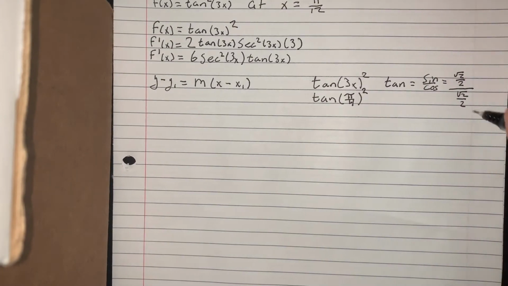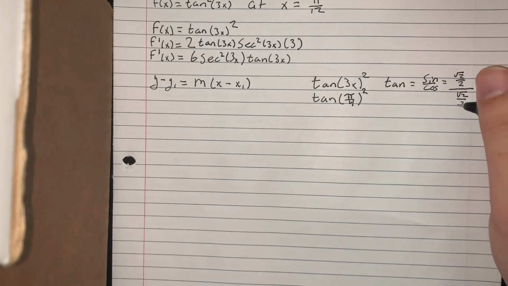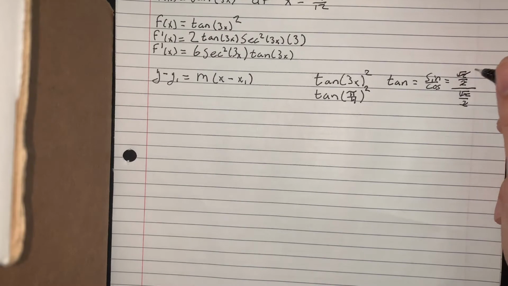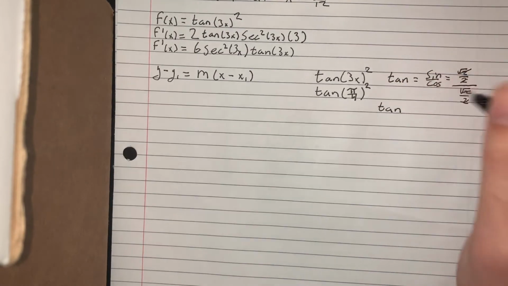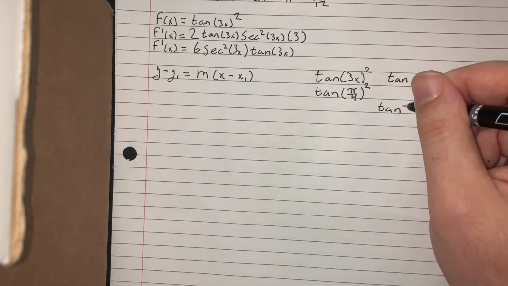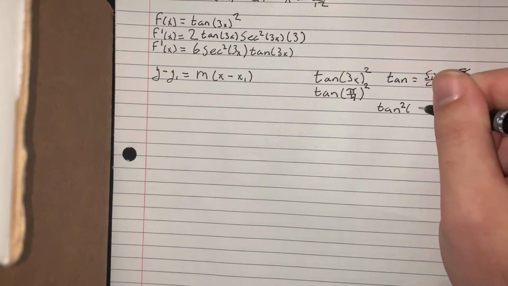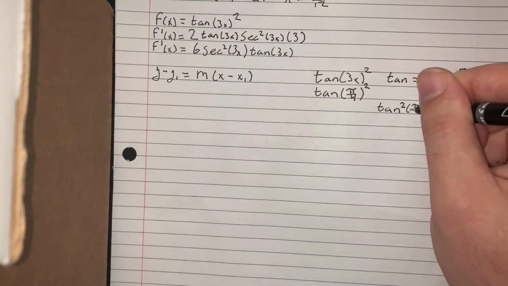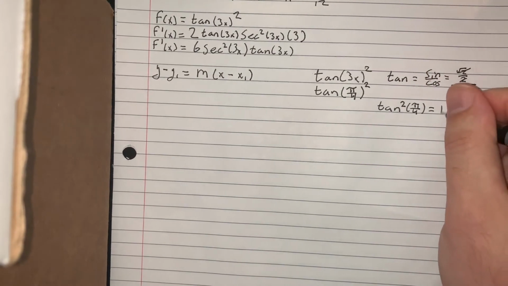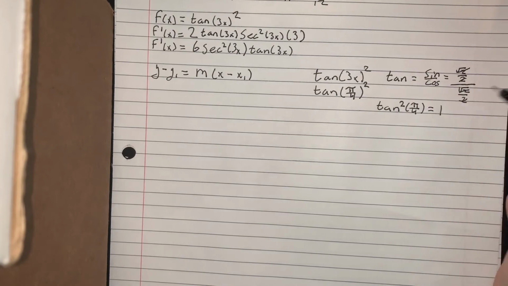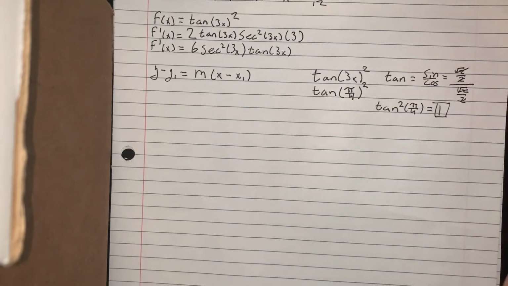So now, if we multiply by the reciprocal of this, these 2's will cancel, and the square root of 2's will cancel. So then we're left with tangent of pi over 4 is equal to 1. And then if we square that, it's still going to be equal to 1.